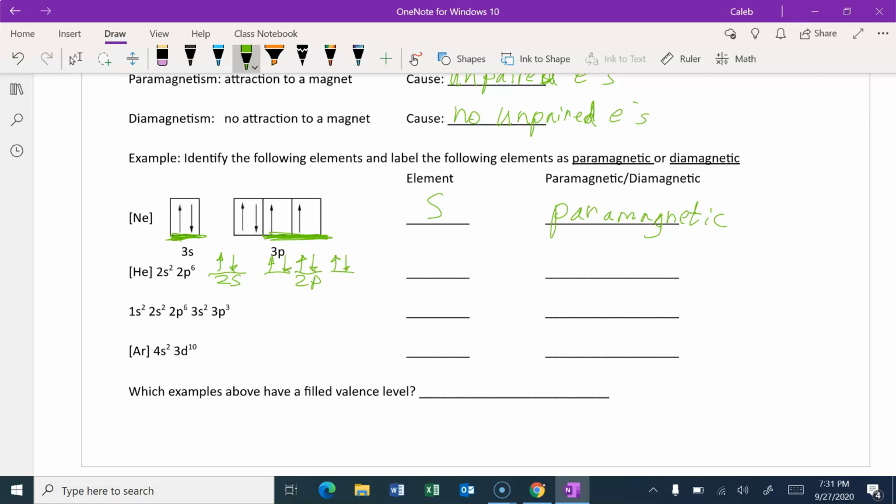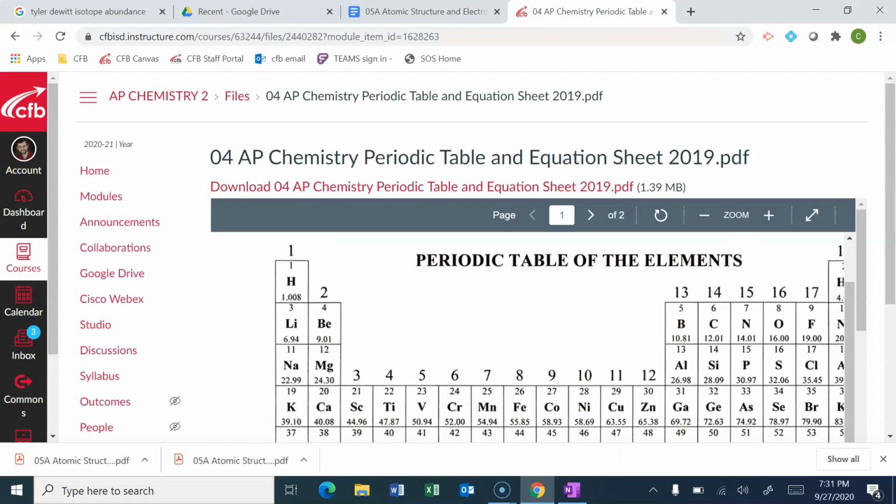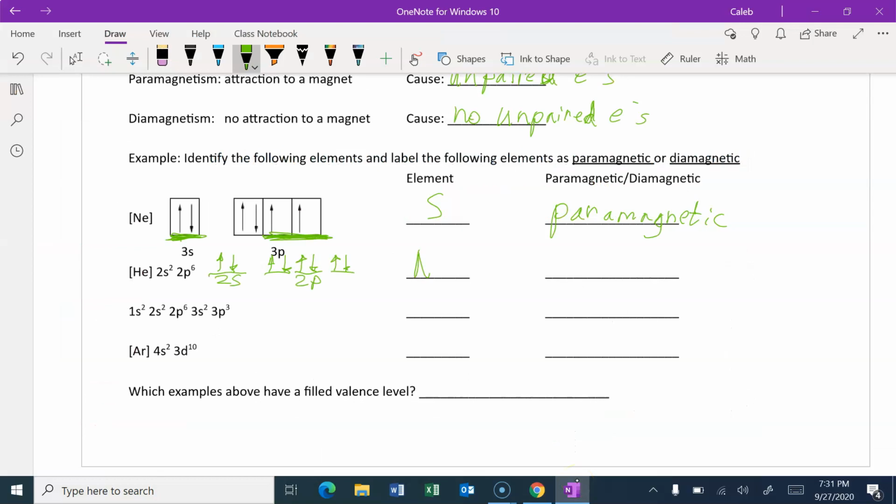So I don't have any unpaired electrons. Every electron is paired. 2p6 would be neon, and it is diamagnetic because all of the electrons are paired.